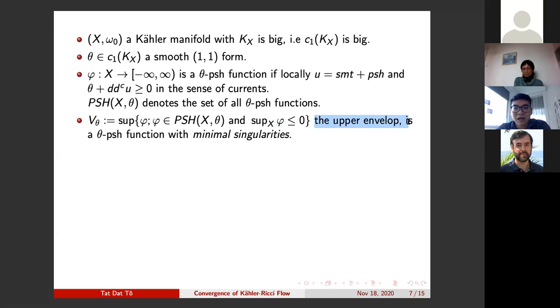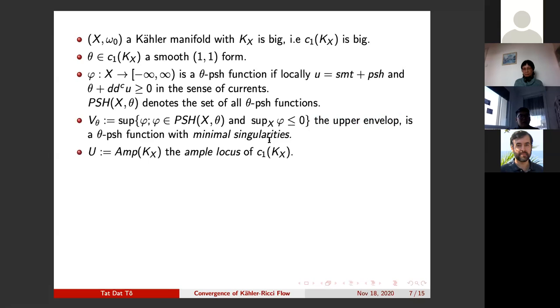This is called the upper envelope of PSH(X, theta), which is a theta-PSH function as well. And we say that this has minimal singularity. That means if you take another function phi in this class, you can see that this function should be less than V_theta plus some constant. So it's exactly the definition of minimal singularities.